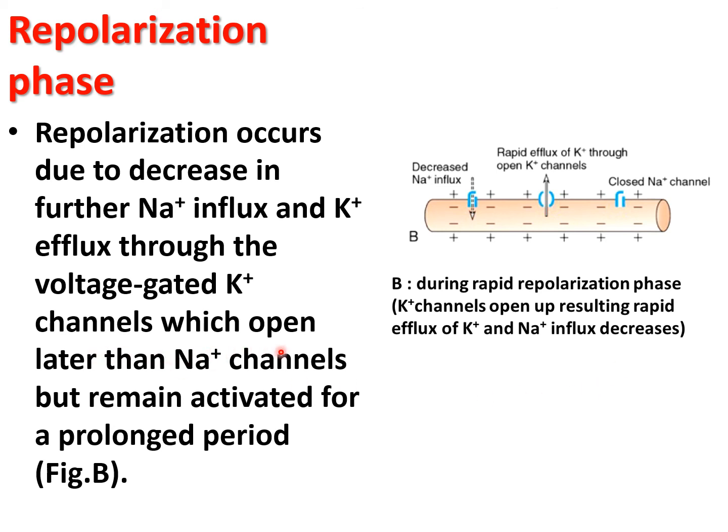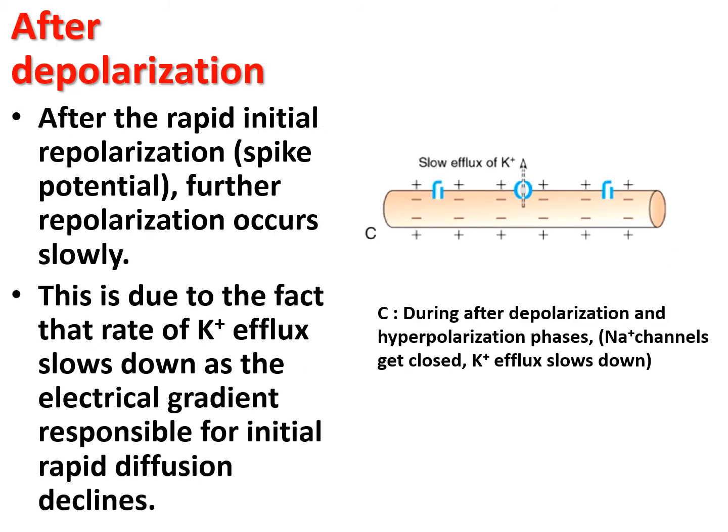The decrease in sodium influx and efflux of potassium cause a net transfer of positive charge out of the cell that serves to complete the repolarization. After the rapid initial repolarization, further repolarization occurs very slowly, due to the fact that the rate of potassium efflux slows down as the electrical gradient responsible for the initial rapid diffusion declines.